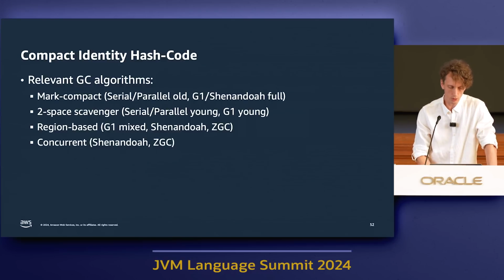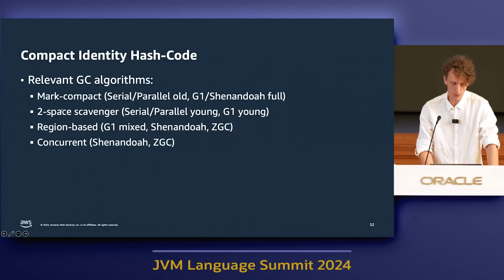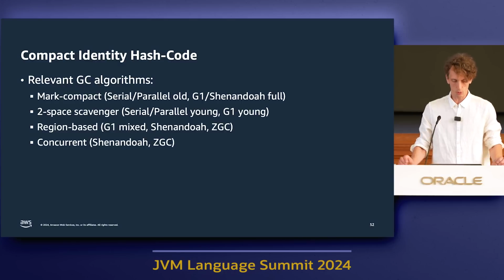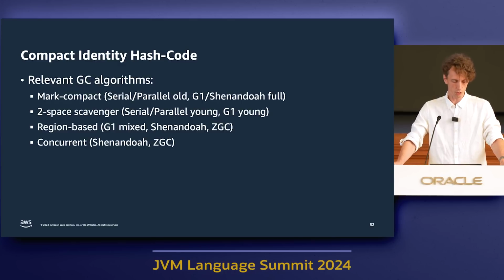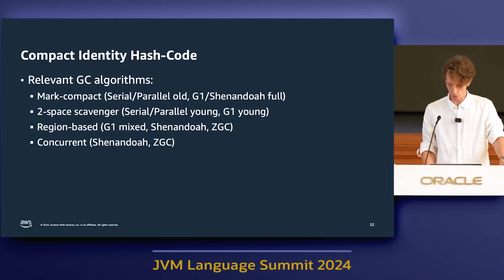It's used for parallel and serial old GC and for G1 and Shenandoah full GC passes. We have two-space like scavenging GCs, which are the typical GCs used in serial and parallel young GC and G1 young GC. Then we have region-based GCs like G1, Shenandoah and ZGC, and we have a special case, but not really, concurrent GCs, Shenandoah and ZGC.